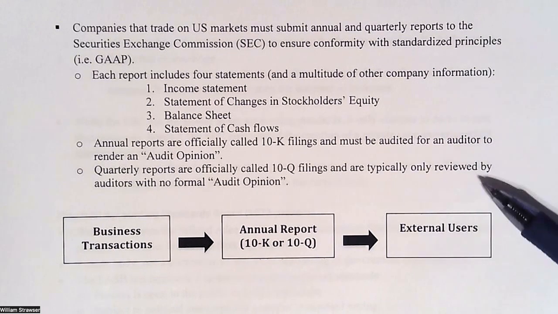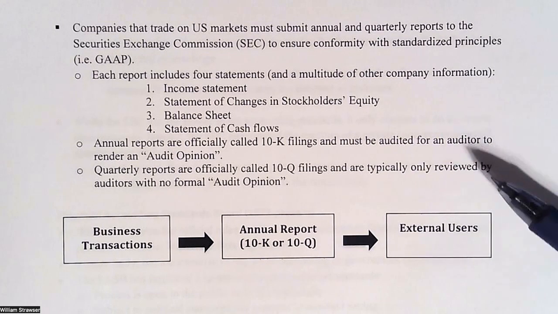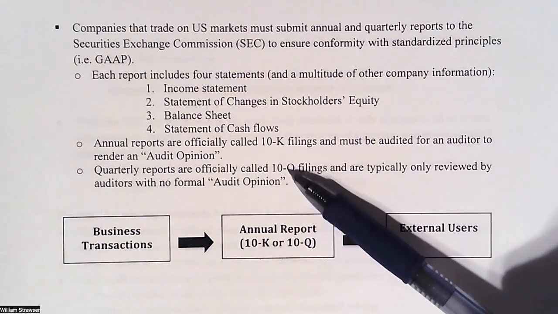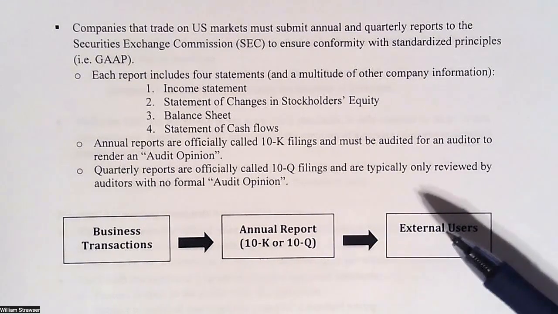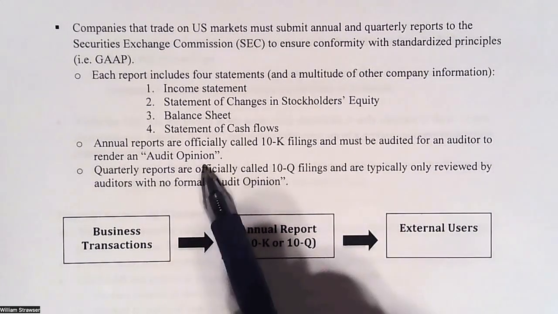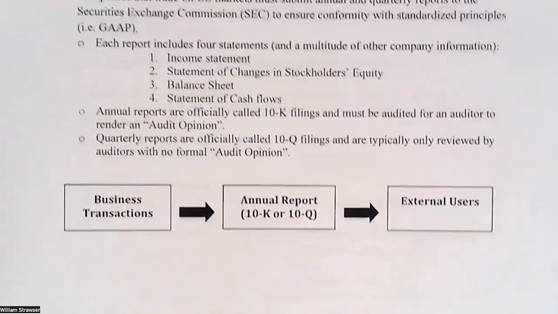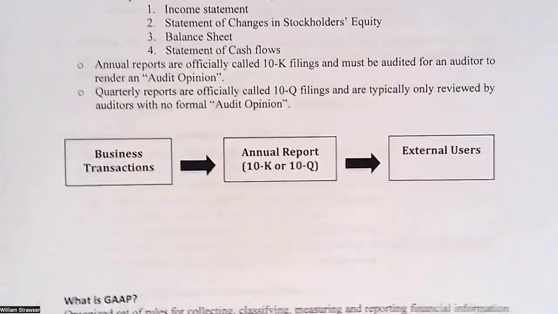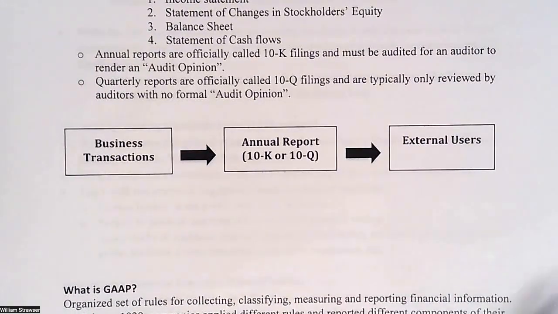However, there's not an official audit of these quarterly filings. They're called 10Qs, and the auditors simply review them. That does not have the same weight, the same scrutiny as the 10K, when they have to provide this audit opinion.